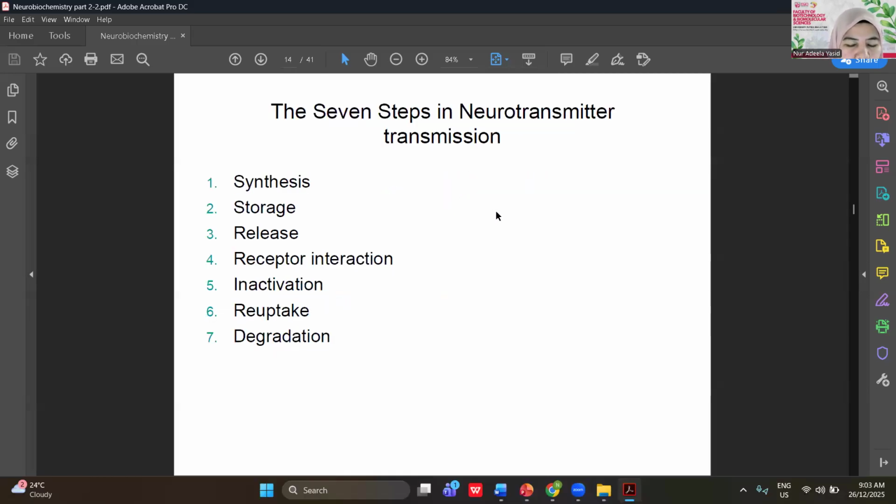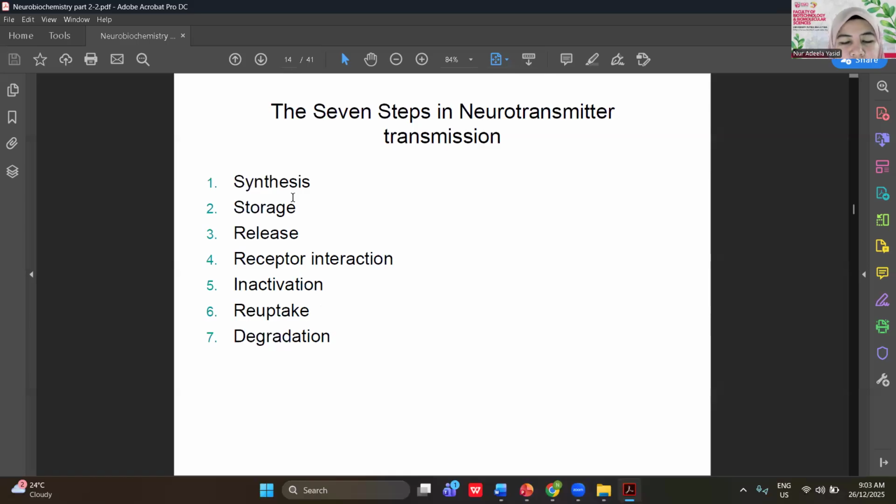These are the seven steps in neurotransmitter transmission: synthesis, storage, release, receptor interaction, inactivation, reuptake, and also degradation. For synthesis, neurotransmitters are synthesized in the presynaptic neuron, either in the cell body or axon terminal.